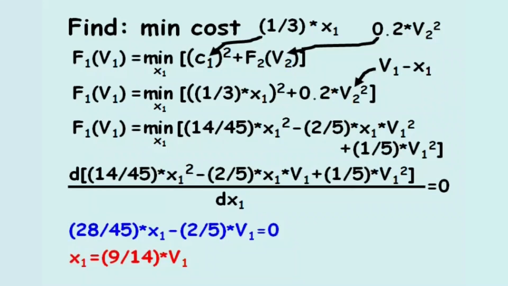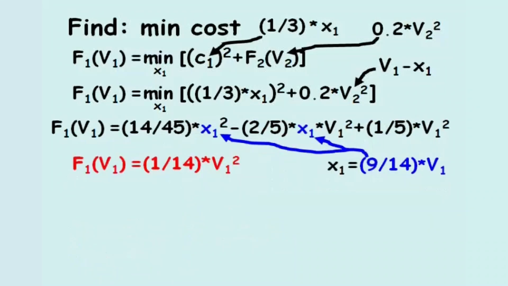If we substitute in this value for X1, the optimal objective function value at stage 1 equals 1/14 times the initial volume of the reservoir squared. Plugging in the given initial volume of 14 for V1, the minimum cost equals 14.